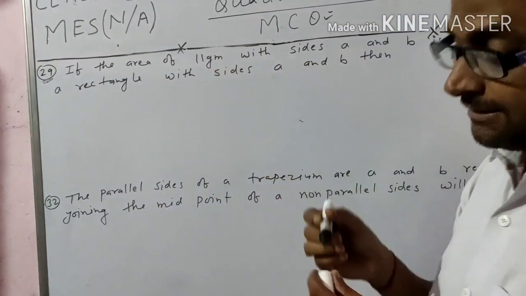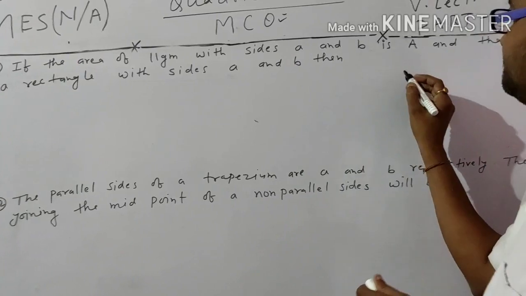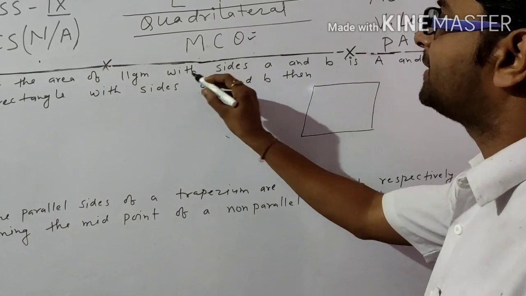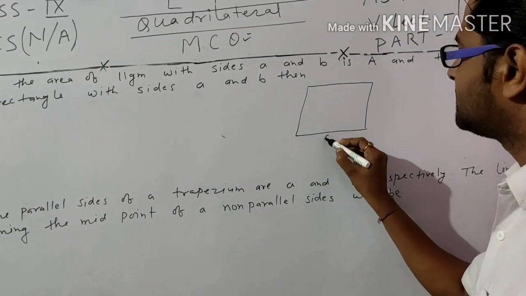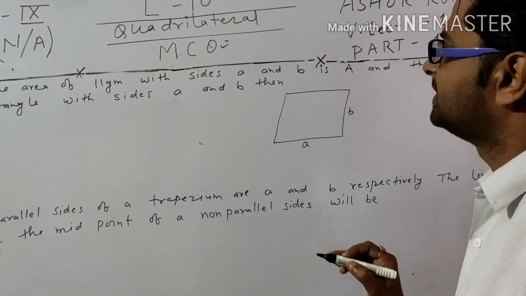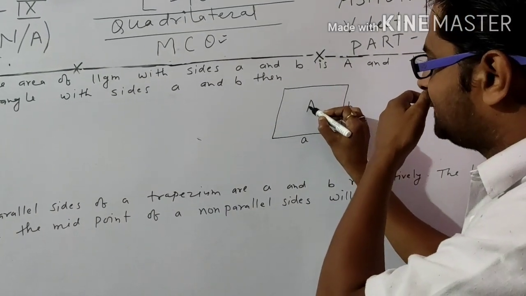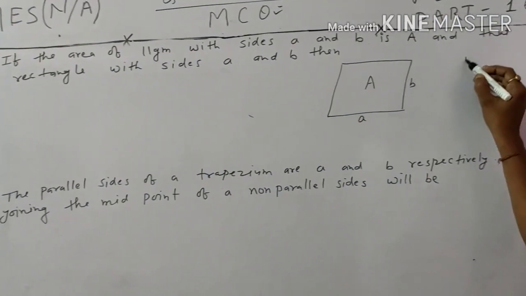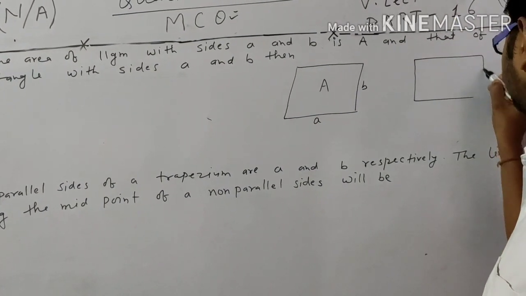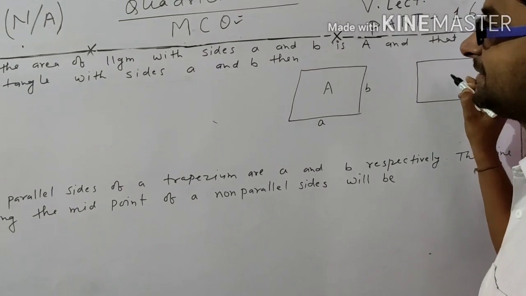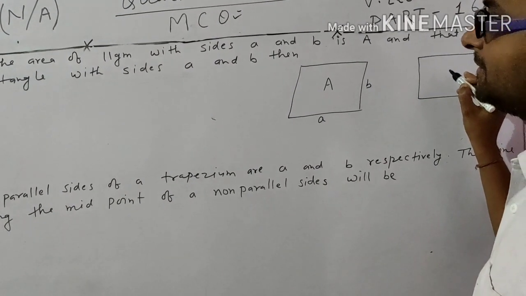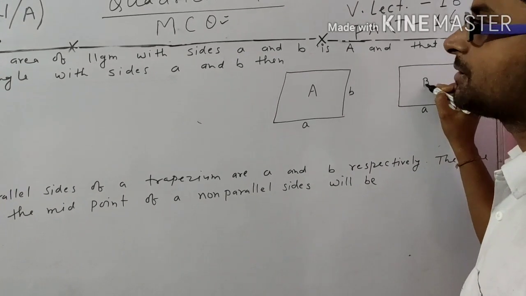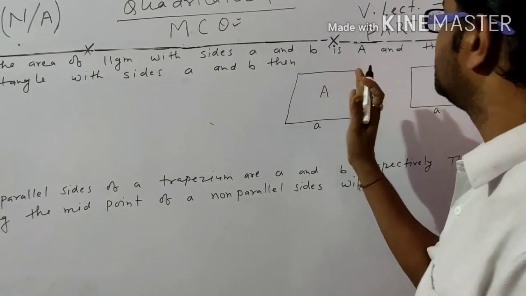If the area of a parallelogram with sides A and B, suppose this side is A and this side is B, is equal to the area of a rectangle with side A and B, and this side is also B, then what is the relation between A and B?